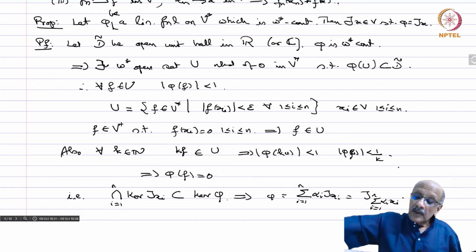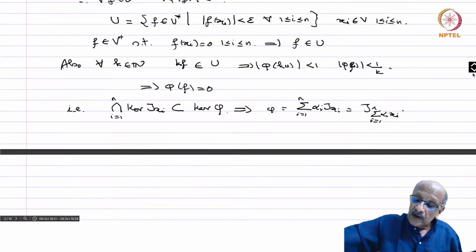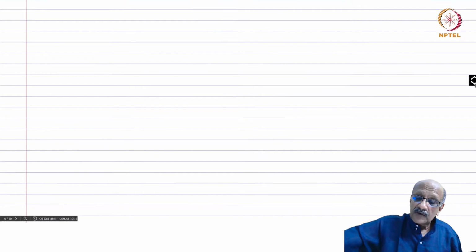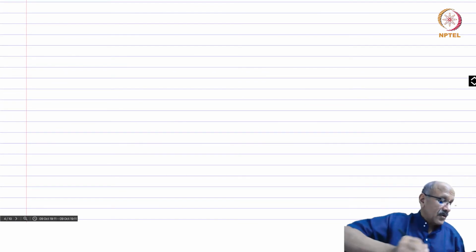Okay, so the only functionals which are continuous with respect to the weak star topology are the Jx functionals, nothing else.